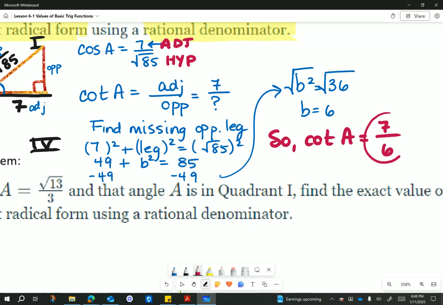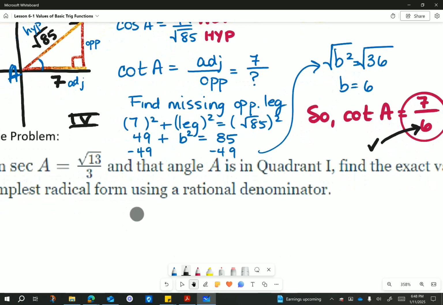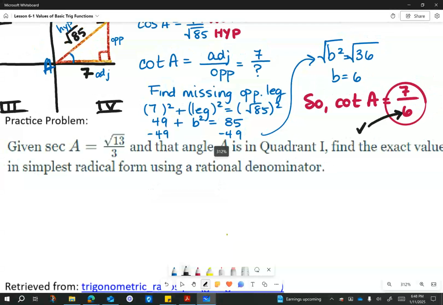And this is what you would type into Delta Math and hit enter and submit. Is this written with a rational denominator? Absolutely. 6 is definitely a rational denominator, and it's not a radical either, so it's an acceptable answer.